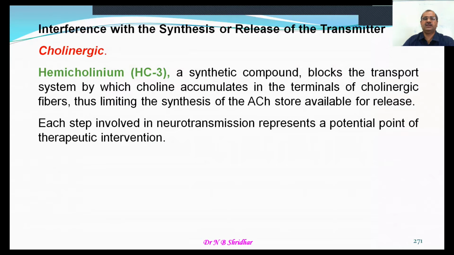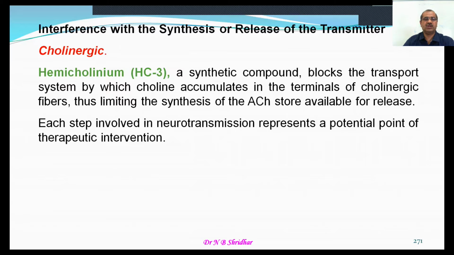HC3 is a synthetic compound which blocks the transport system by which choline accumulates in the terminals of cholinergic fibers, thus limiting the synthesis of the acetylcholine store available for release. So hemicholinium blocks the transport of choline into the presynaptic cell, the uptake of choline. Hence, it is going to terminate the action of acetylcholine.